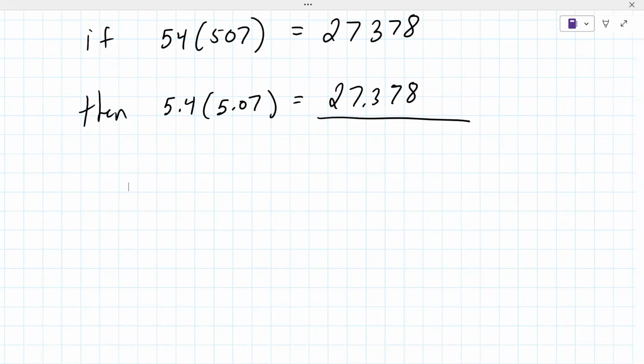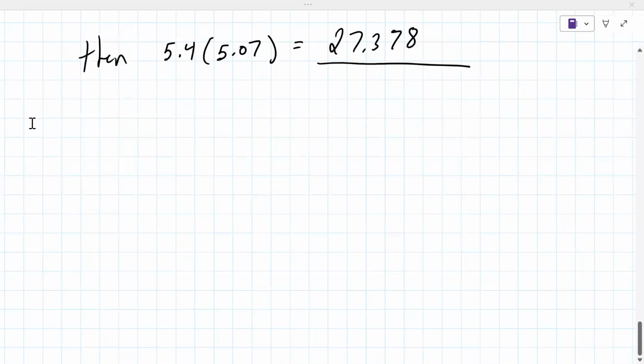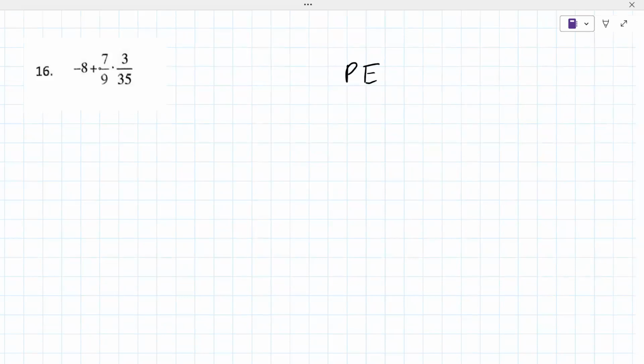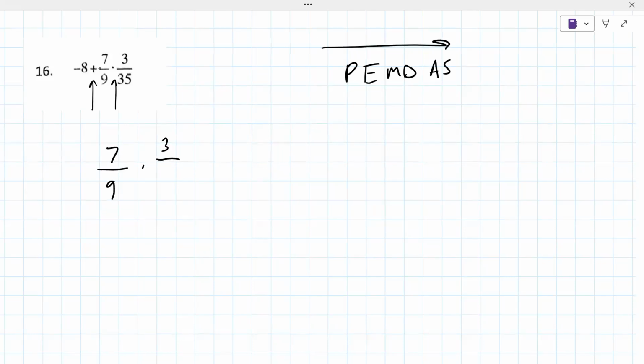So let's go on to 16. 16 is an order of operations problem. I can give you some more like this. Order of operations says parentheses, exponent, multiplication, division, addition, and subtraction. So you have addition and you have multiplication. Which do you do first? You do multiplication. Yes.